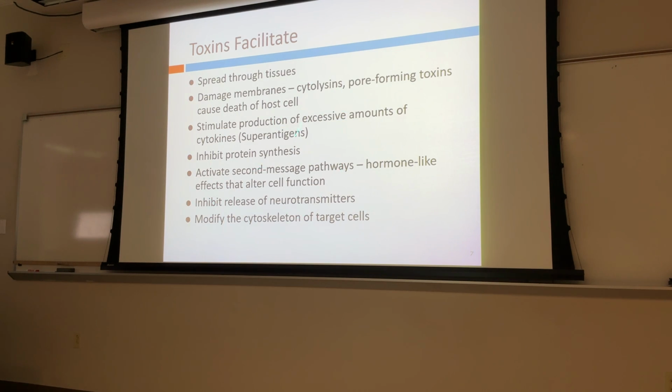Different things that different toxins can do. Obviously, they can allow the bacterial cells to spread through tissues. We talked about that, hyaluronidases, collagenases, things like that. They can damage the membranes. If you have a toxin that is damaging the membrane of pretty much any cell, it's technically referred to as a cytolysin.